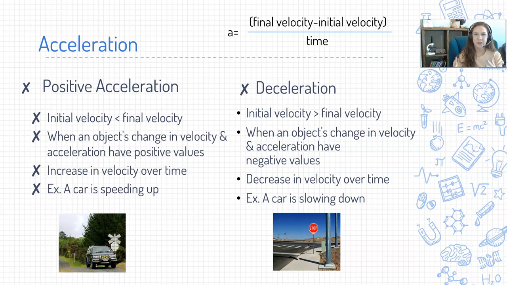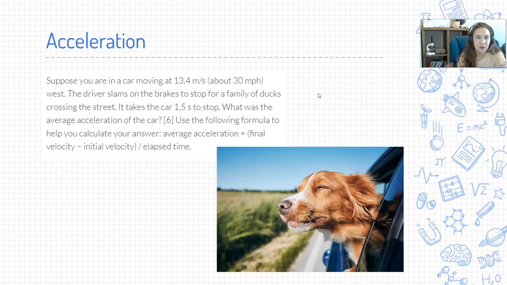What this looks like as a formula is up here at the top: your final velocity, where you wound up, minus where you started, the initial velocity, divided by time. So let's look at this in terms of a problem you might see.